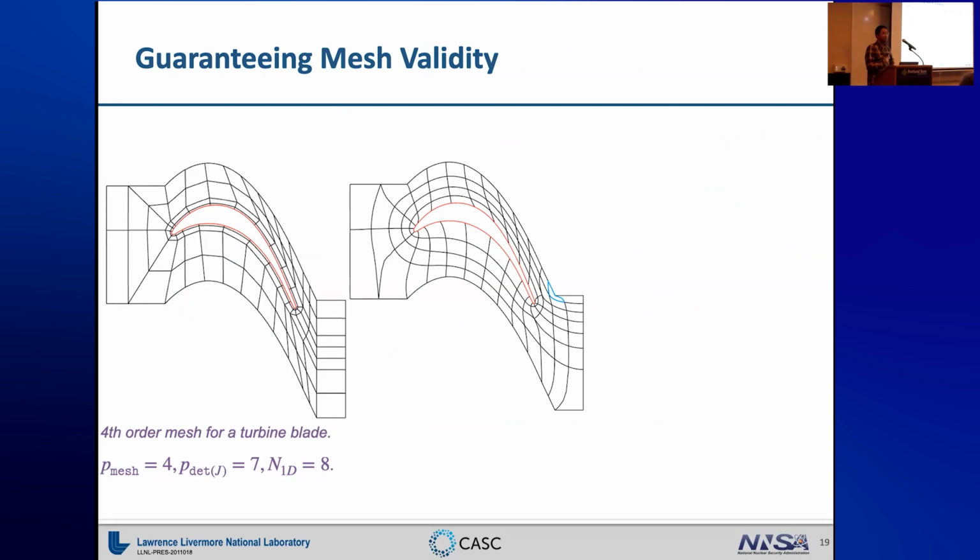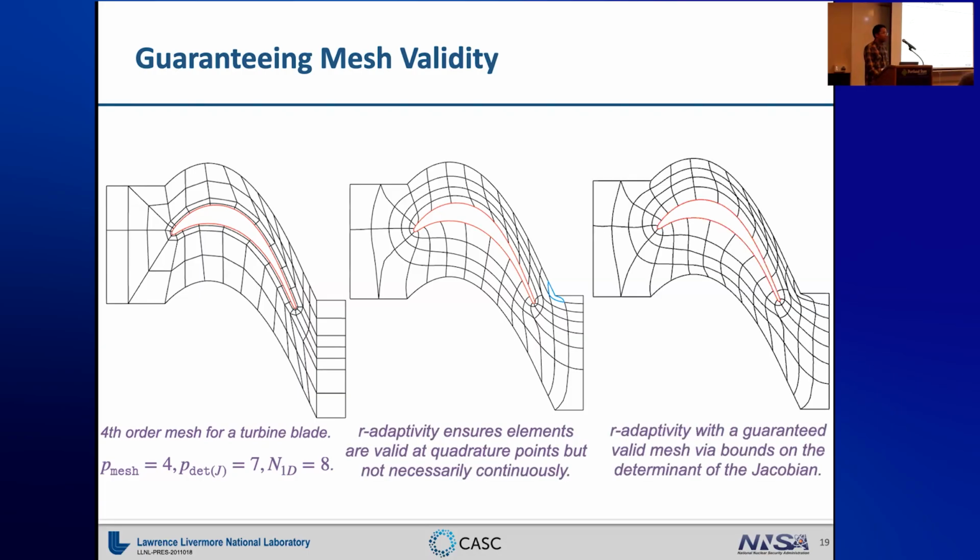But from our perspective, if we're going to give you a mesh, we don't want you to constrain what quadrature points you're using. So now we can use this bounding approach to make sure that the mesh that we return is valid. In the mesh on the right, I can use the bounding approach and guarantee that it's valid everywhere, right? So we give it to you with confidence, and you can run it with whatever quadrature rule that you want.